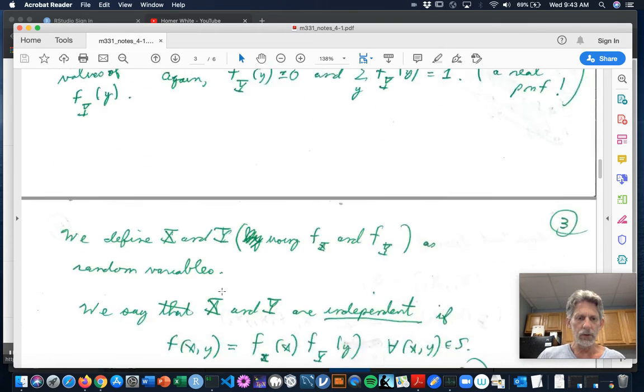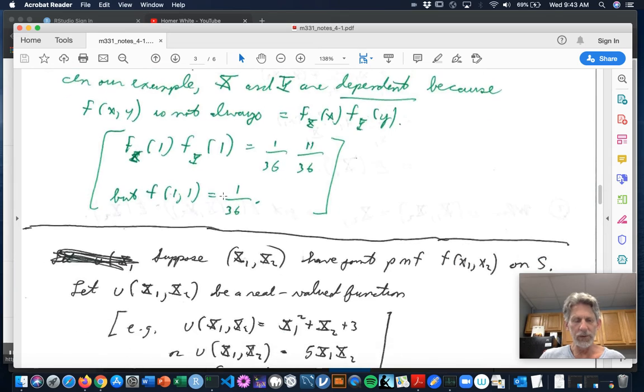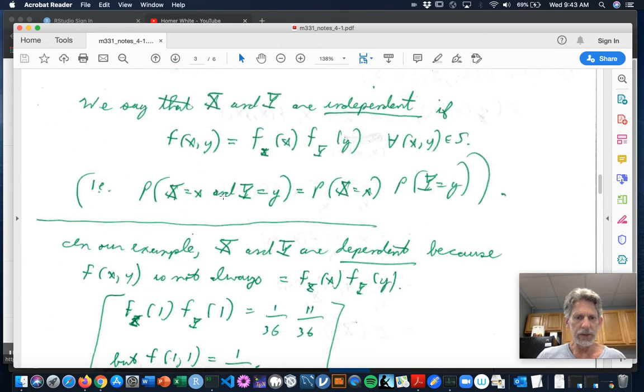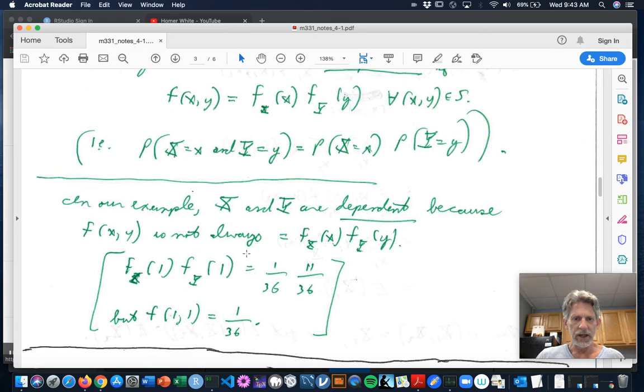Oh, so got a little typo here. Well, not really a typo. I mean, what I wrote is correct mathematically, but it's misleading. I should have had the 11/36 here and the 1/36 here. So I'm going to correct that right now in my notes, and you'll see a corrected version when you look at the original PDFs.